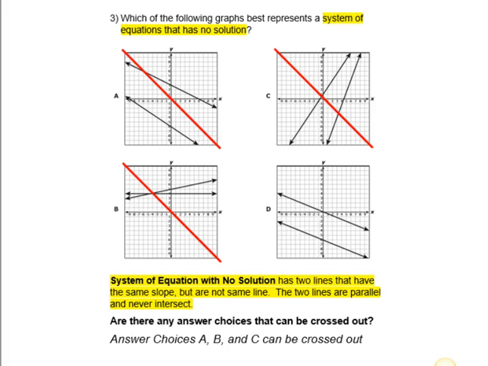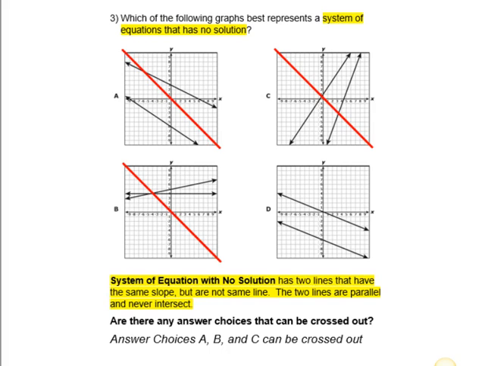We can cross out A, we can cross out B, and also we can cross out C. So for A, they look like parallel lines, but the way that they're tilted, it does not look like it's the same slope, and eventually they will cross. For B, those lines are already crossed, so we know that that's incorrect.